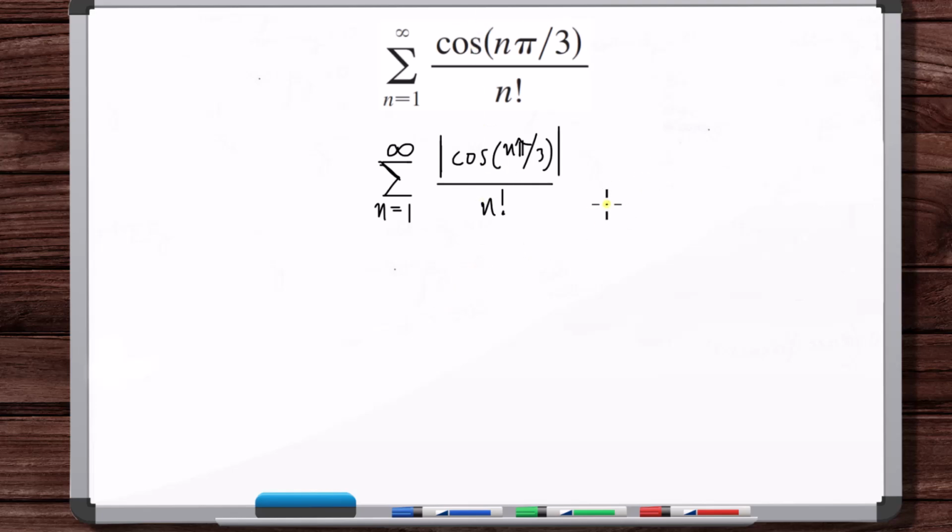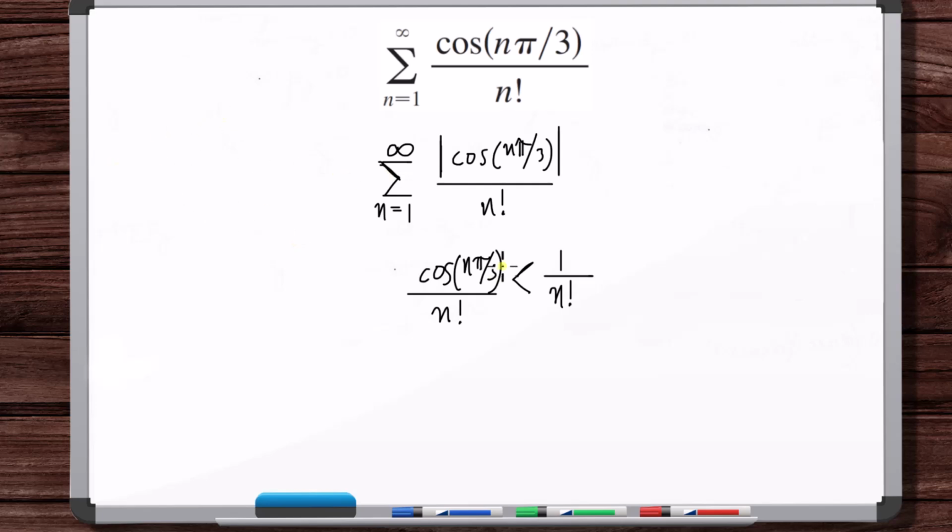So we can think about the series 1 over n factorial. It's going to be our comparison series. And I'm going to use 1. We can say that this is always going to be greater than this, and you might say, well, wait, can't this be equal to 1?